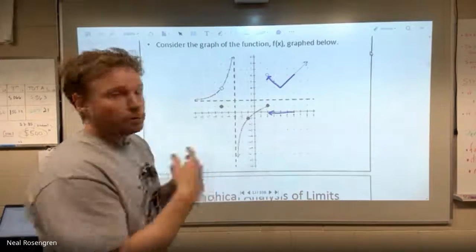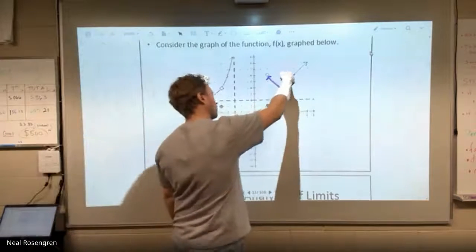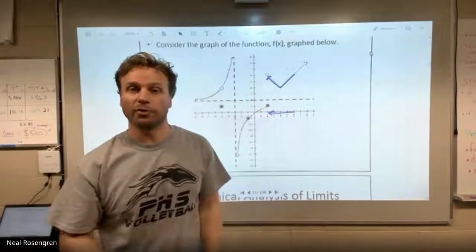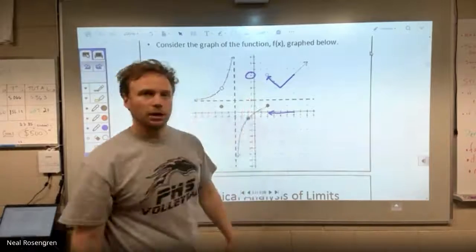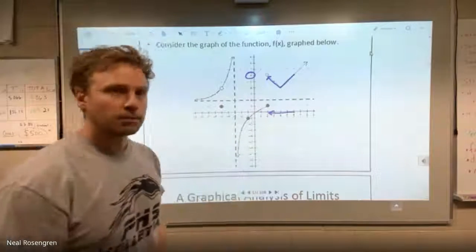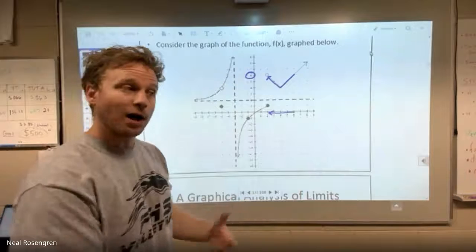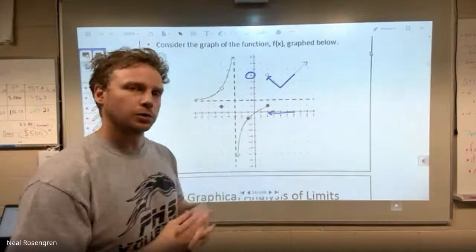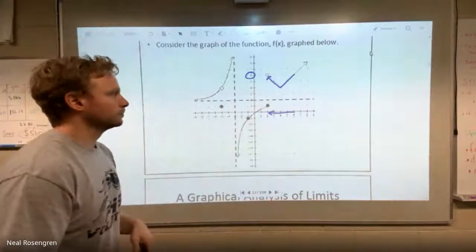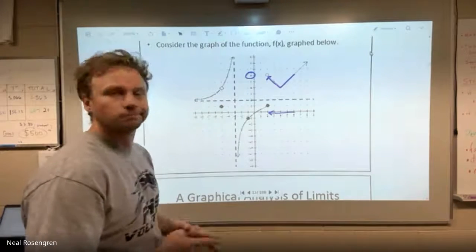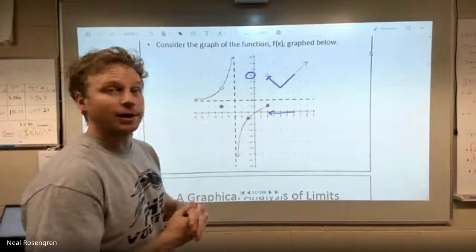And so when I follow the function from the right, it looks like I'm aiming for that hole, and that the y value at that hole is 6. And remember, that's all the limit is: the y value that we're getting closer and closer to as we approach whatever x value was given. So that's why my limit there is 6.